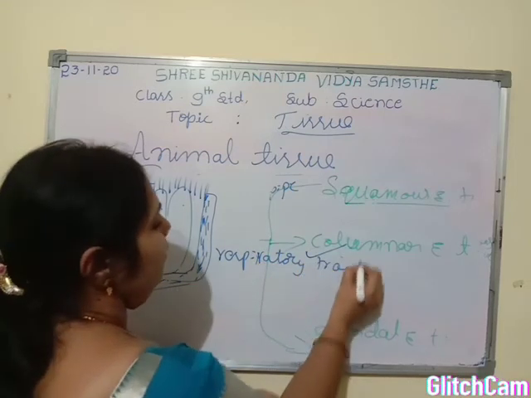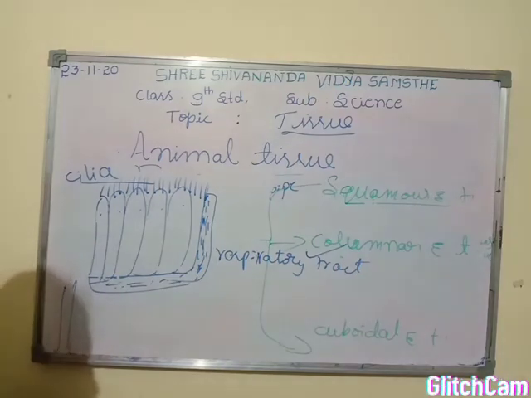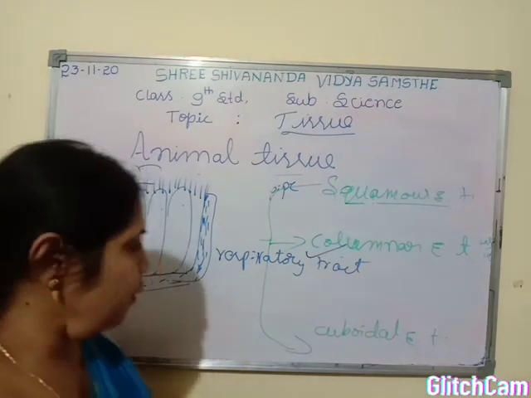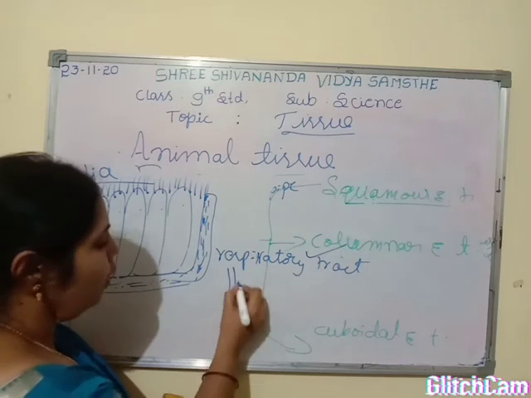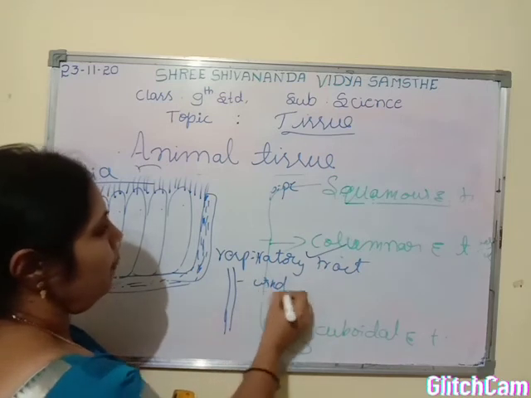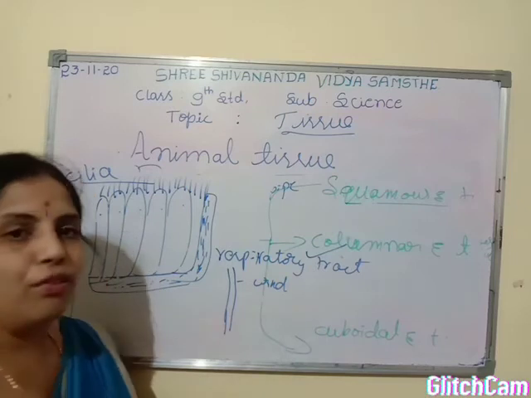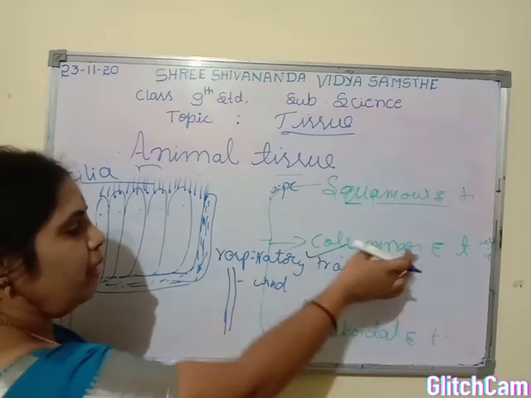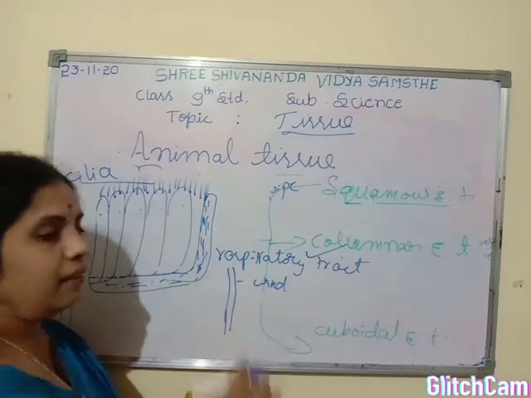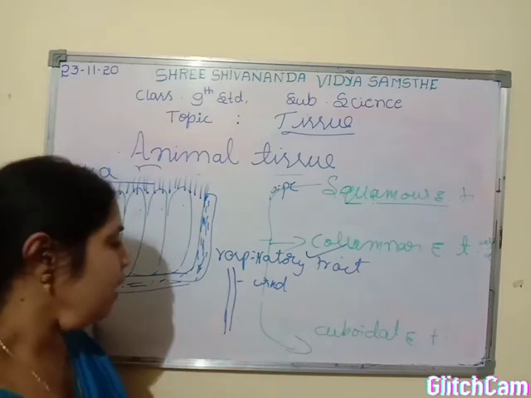Respiratory, what is it? Breathing. Breathing is through the trachea, the windpipe. This is present in the food pipe and this is present in the windpipe. Columnar epithelial tissue is present in the windpipe, the trachea.